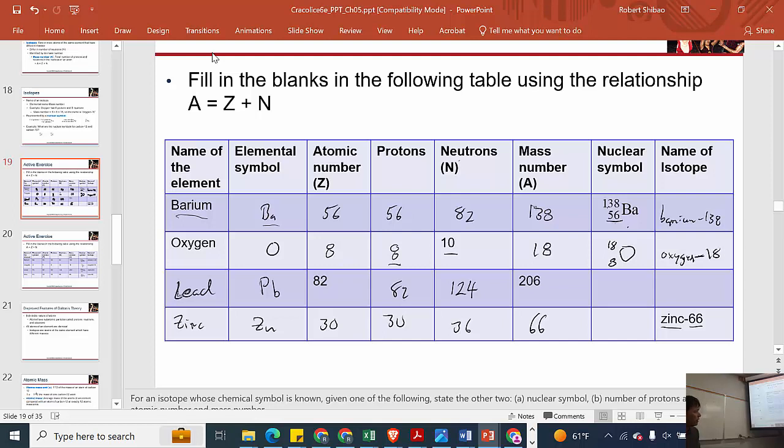What is this one? The symbol for this? Pb. 124 up here and 82 down here. And this would be lead-124. And finally, zinc. 66 and 30.